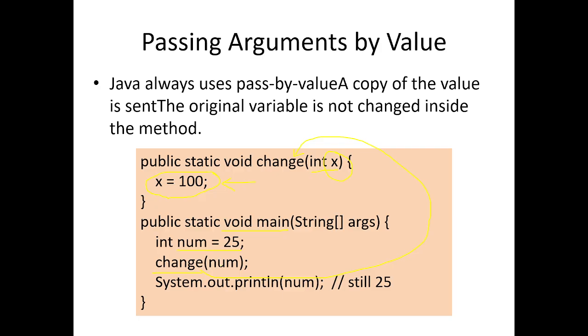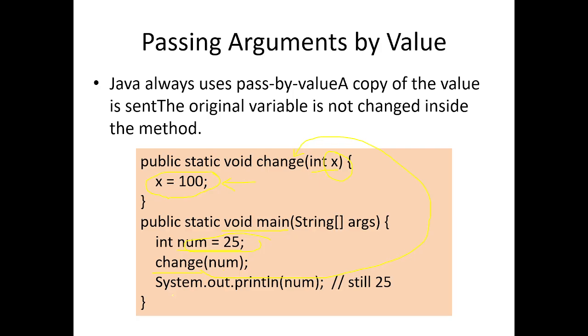Inside this there is the value 25, which was already set in the main method. So your num in the main method is actually 25. The x in the method is assigned from this num. So actually x equal to 100 will not change anything.